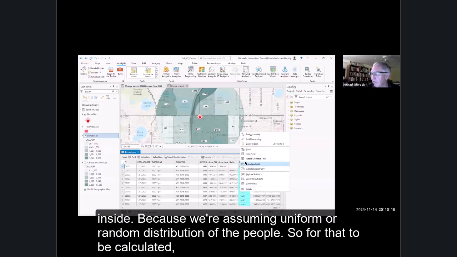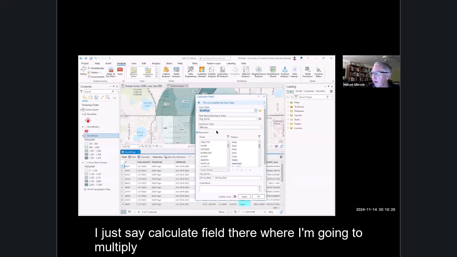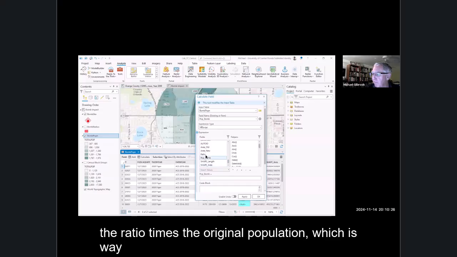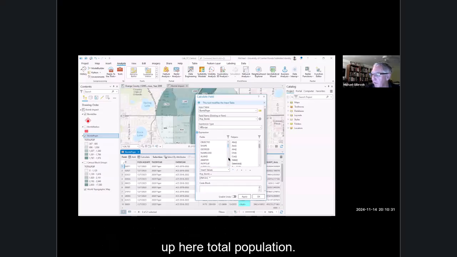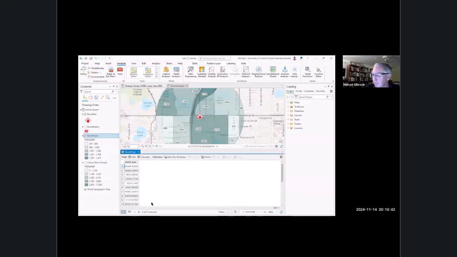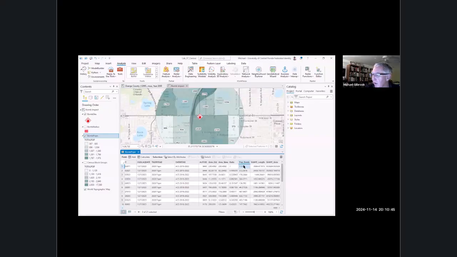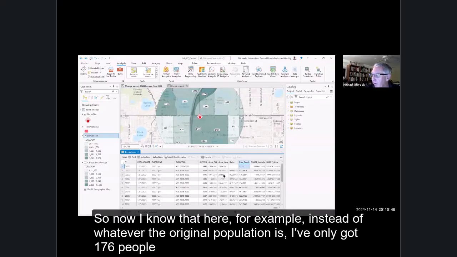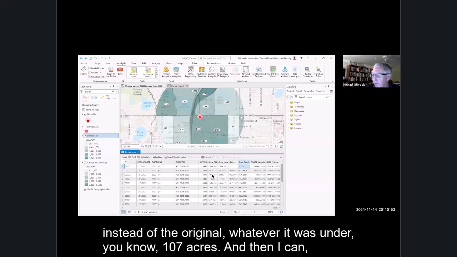So for that to be calculated, I just say calculate field, where I'm going to multiply the ratio times the original population, which is way up here, total population. So now I know that here, for example, I've only got 176 people instead of the original, under 107 acres.